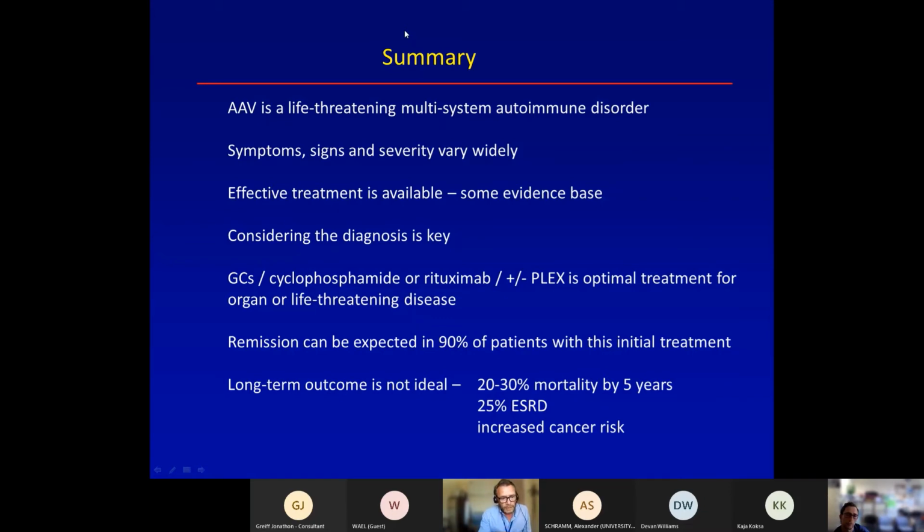Having ANCA antibody testing so widely available now makes the whole process so much easier. Pretty much, if you get the test off in the morning, you get the result back same day. So it really just boils down to considering it as a diagnosis and getting the appropriate test off.